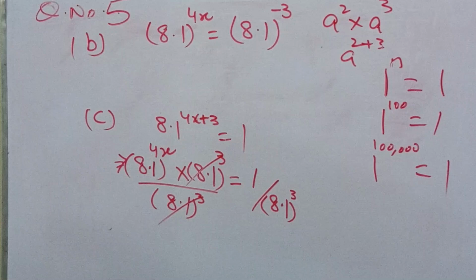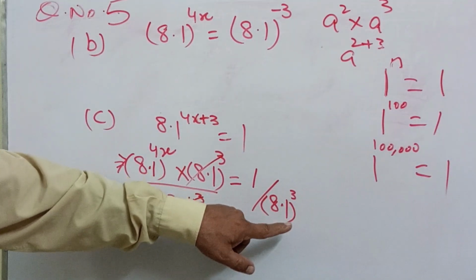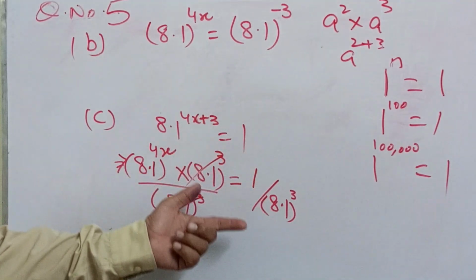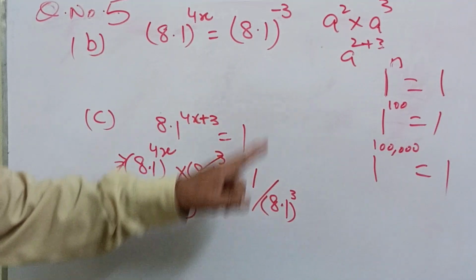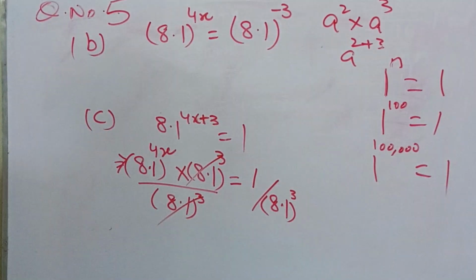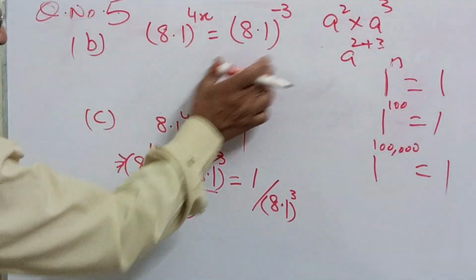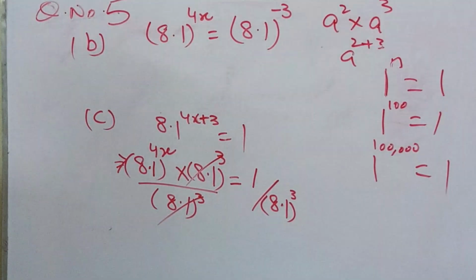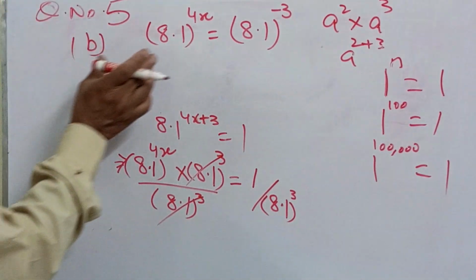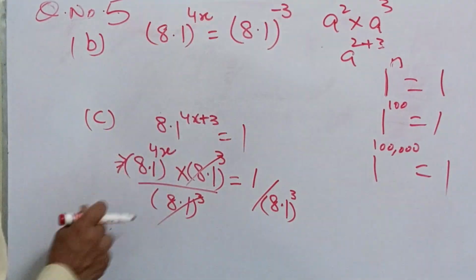I have already told you in chapter number 2 that when powers are taken from denominator to numerator or from numerator to denominator, they change sign. So now we have been able to make the bases same with different powers.